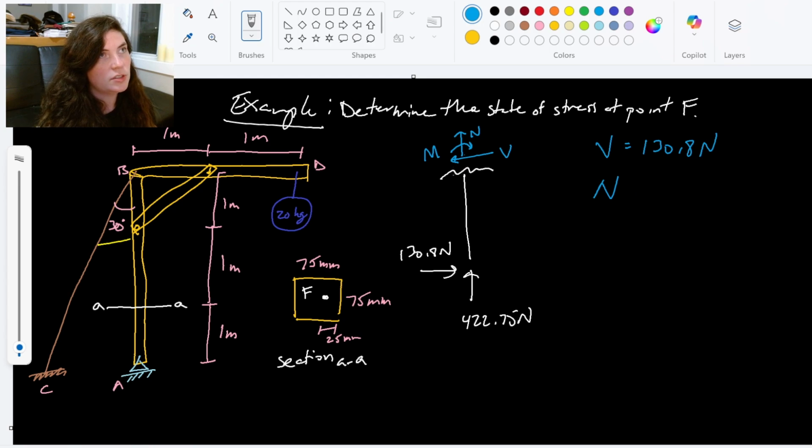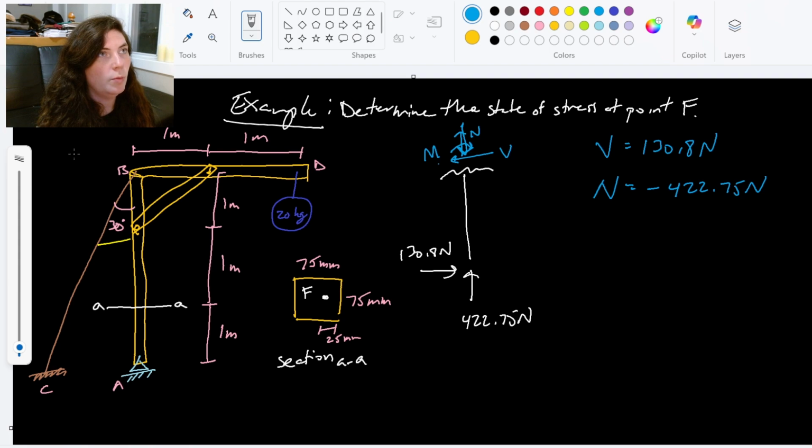Our normal force, we'll see here our sum of y forces, that I've actually drawn my normal force in the wrong direction because AY points up. My normal force is actually going to be in compression here. So I'll put this as a negative, since this is compressing, a negative 422.75 newtons. Right, same as the value below it.